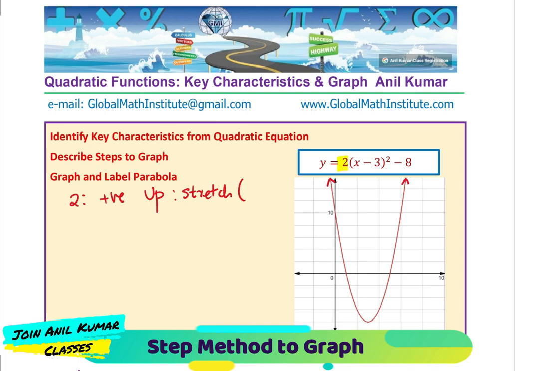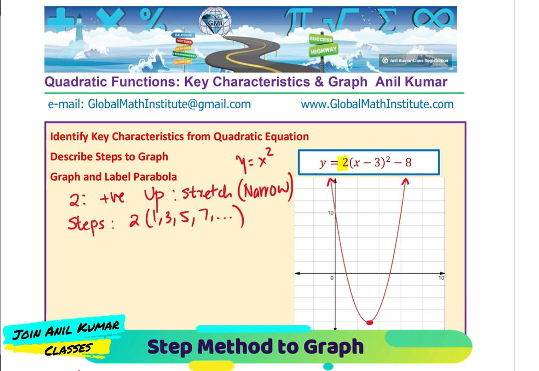We also say narrow. Narrow as compared to y equals x squared, which is multiplied by 2. And we also understand this gives you steps. So the steps being narrower means 2 times 1, 3, 5, 7, and so on. And that helped us to sketch the graph from the vertex.